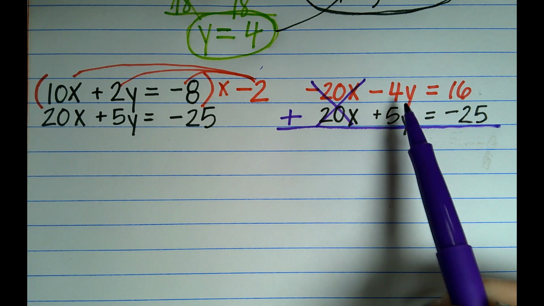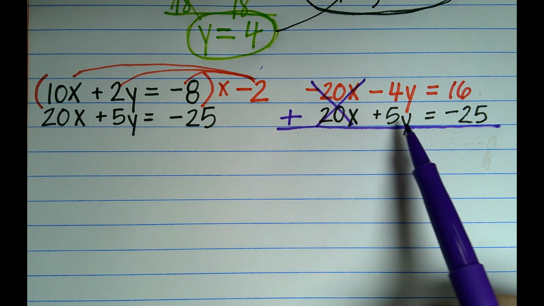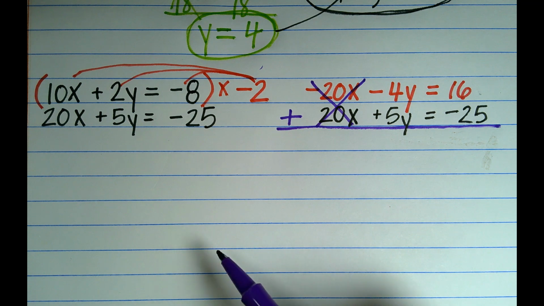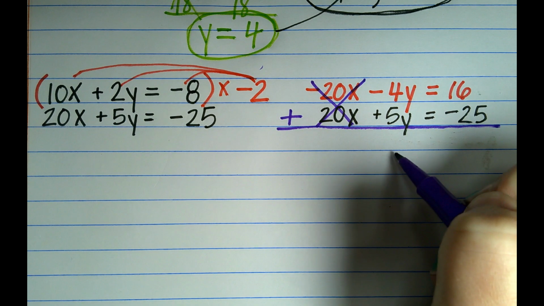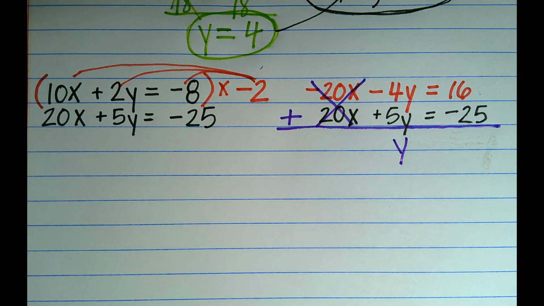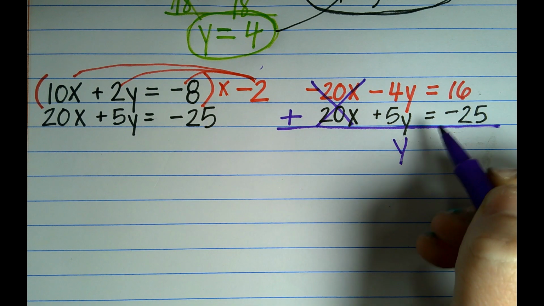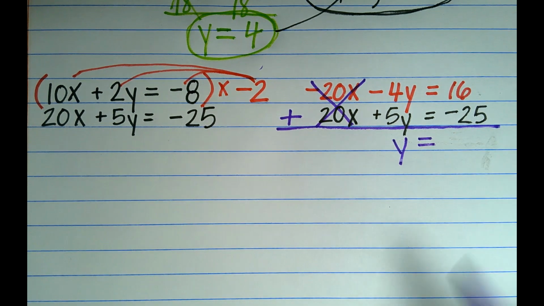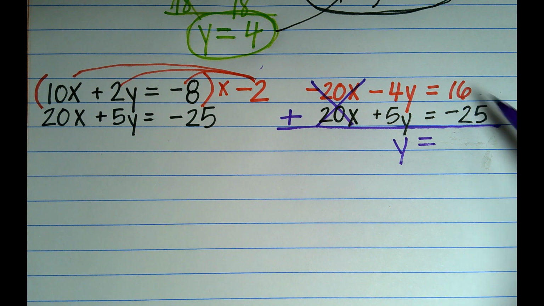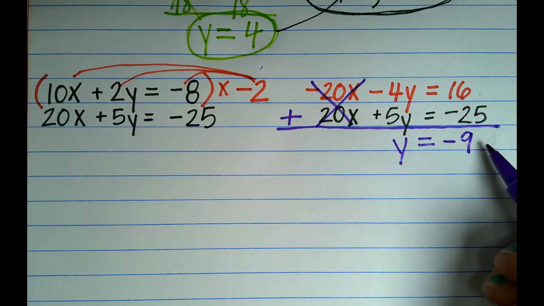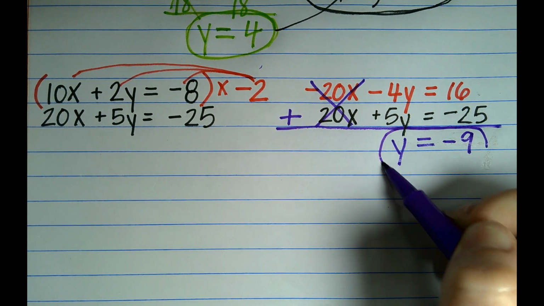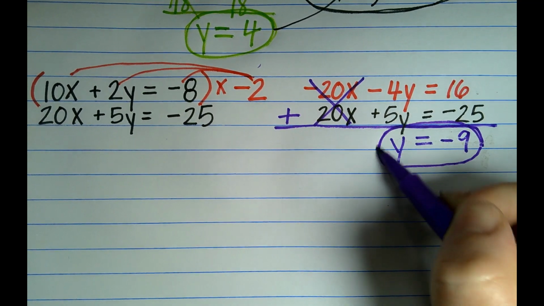Now my y's, I have -4y plus 5y. 1y. Instead of 1y, we're just going to write y. I've already got y all by itself. I'll bring down my equal sign. And 16 minus 25, what is that? -9. We solved for y. Y equals -9.